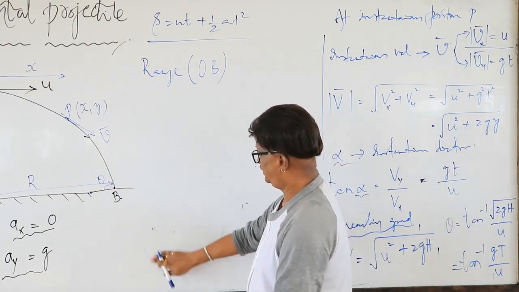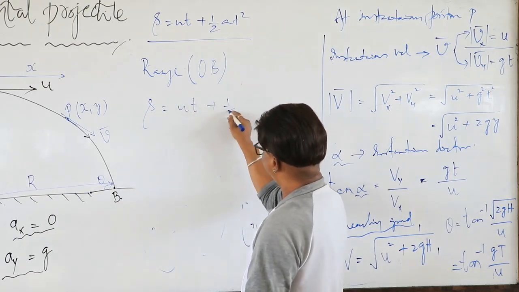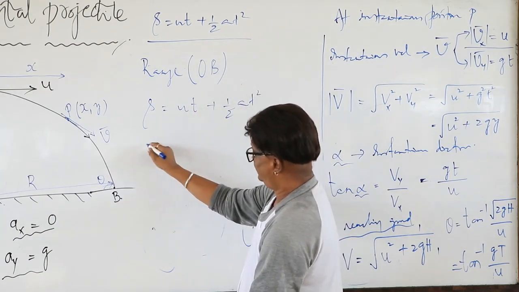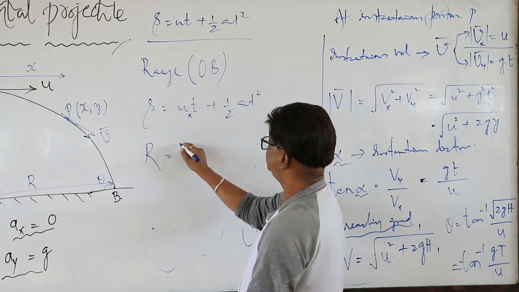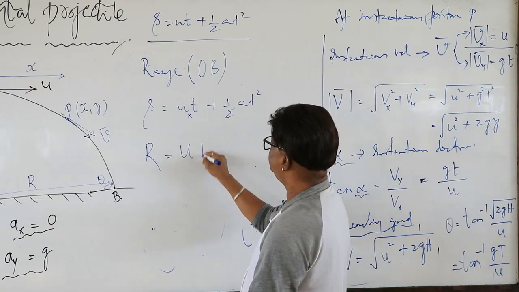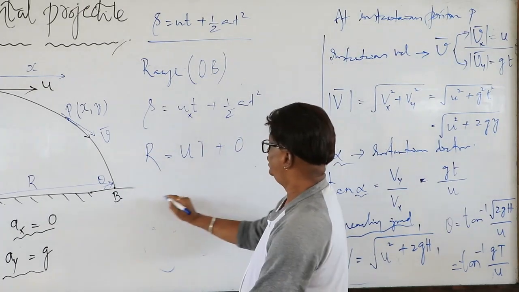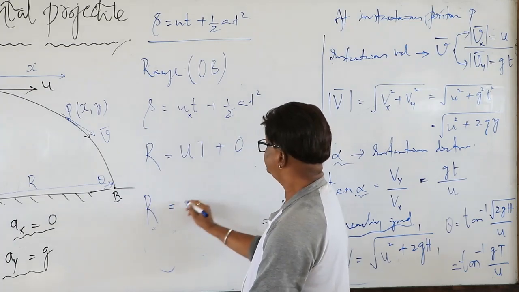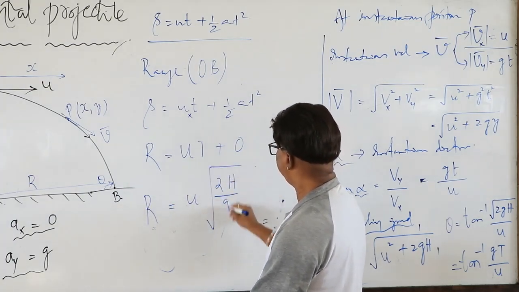Therefore, once again, we are using S is equal to ut plus half at square. Here I am writing u, this is ux, which is nothing but u, times T, and the acceleration term is 0. We already know T, so R is equal to u root of 2h by g.